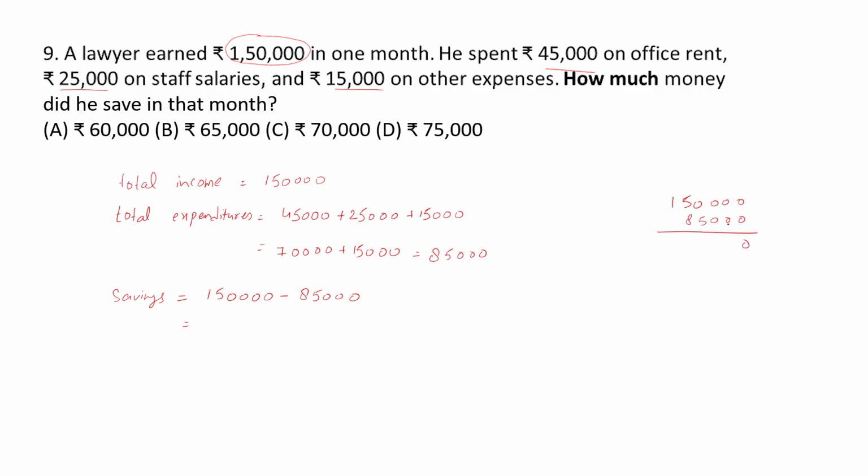So 0 minus 0, 0 minus 0, 0 minus 0. From here to here, you have to take 1. It becomes 10. 10 minus 5 is 5. 14 minus 8 is 6. So it is 65,000. So the lawyer is saving 65,000 in that particular month. Is the problem clear? So saving money means total income minus expenditure.